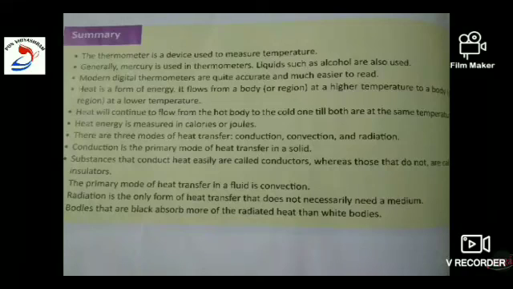Alcoholic thermometers are mainly used in places where there is extreme cold. It has a freezing point of minus 117 degrees Celsius. Nowadays we are using digital thermometers. They are quite accurate and much easier to read, and there is no problem of the mercury getting into it.